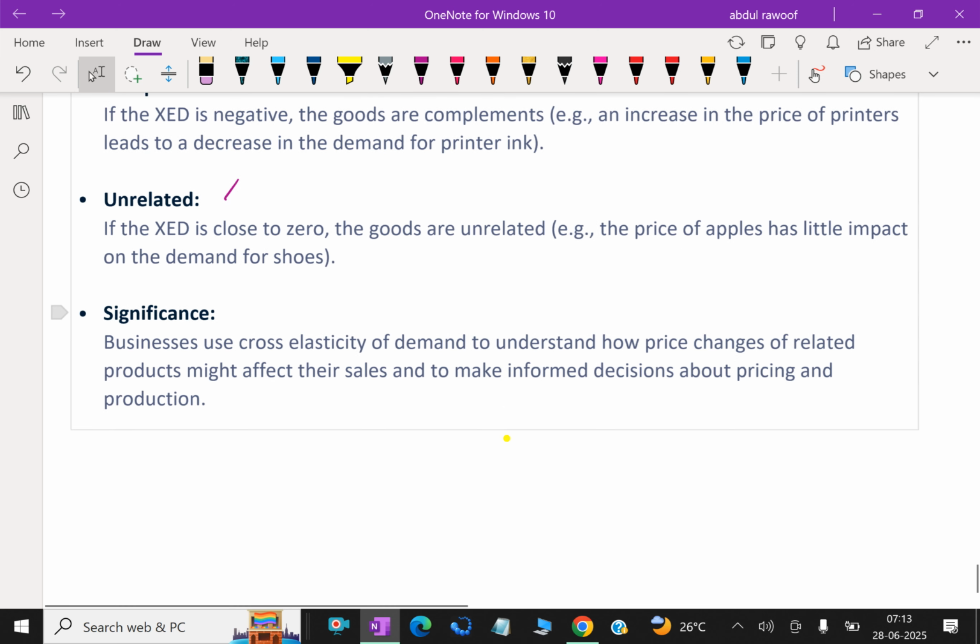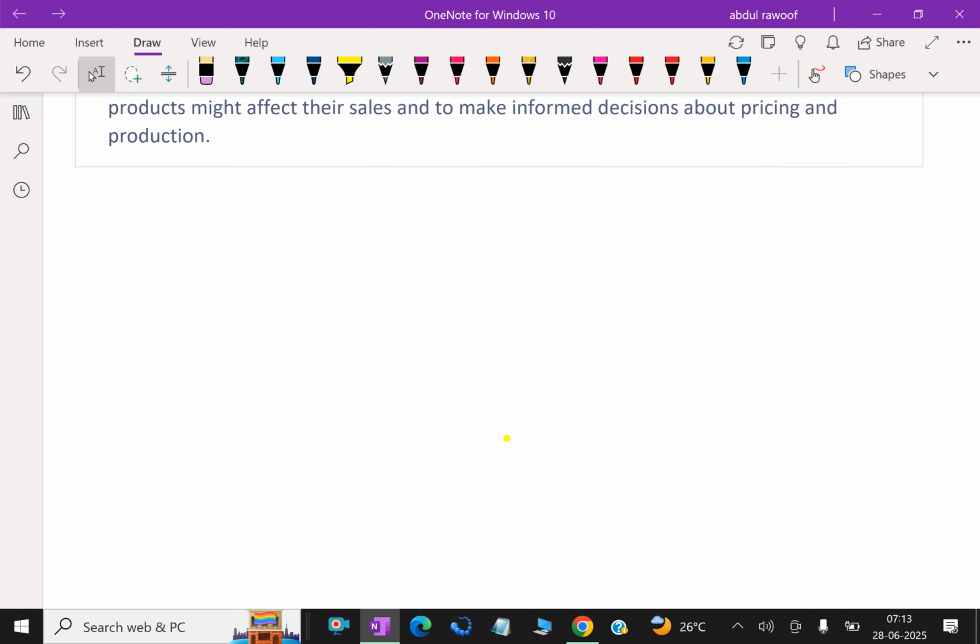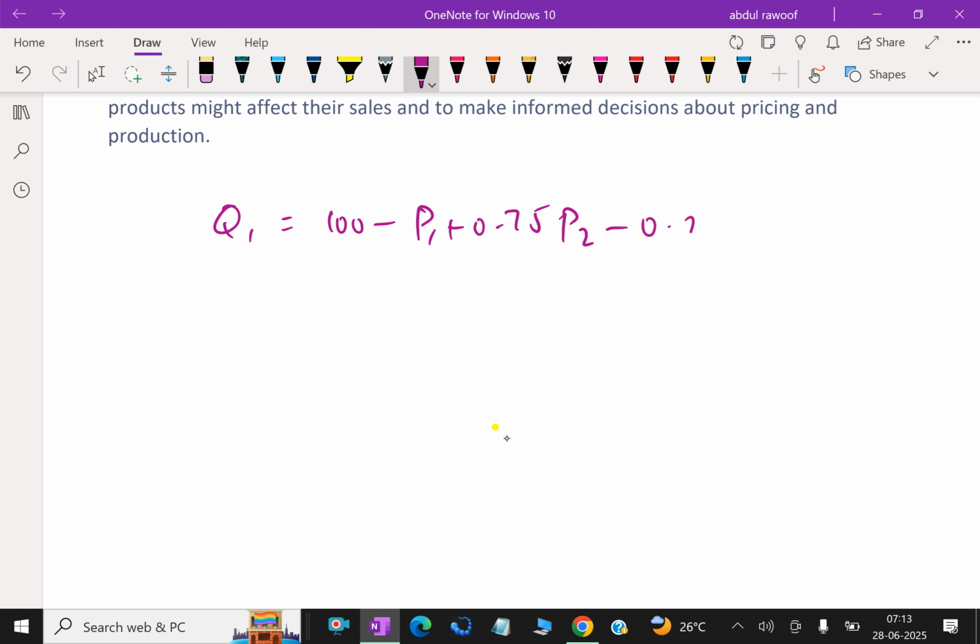Now let us do an example. The demand function is Q1 for the first product equal to 100 minus P1 plus 0.75 P2 minus 0.25 P3 plus 0.0075y.